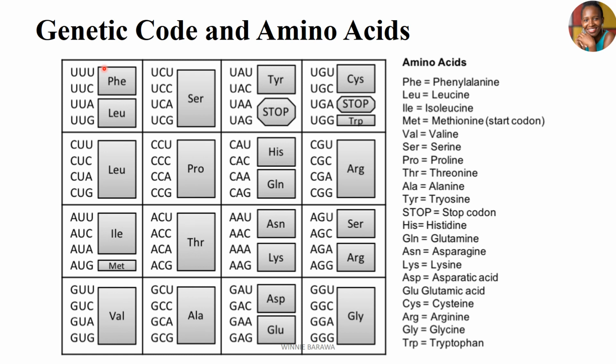But in the RNA, thymine is replaced with uracil. So here you'll have triple U and not triple A, unlike in the DNA. So triple U will give you phenylalanine. You also have UUC, which can also code for phenylalanine. So these will be different codes for different amino acids, and there are so many of them.